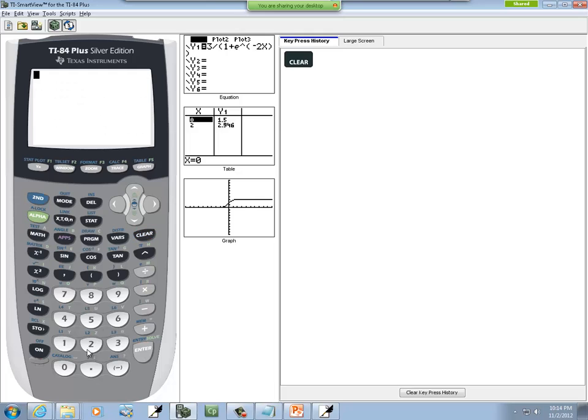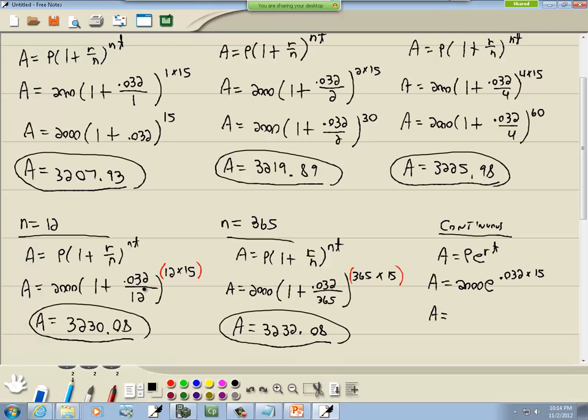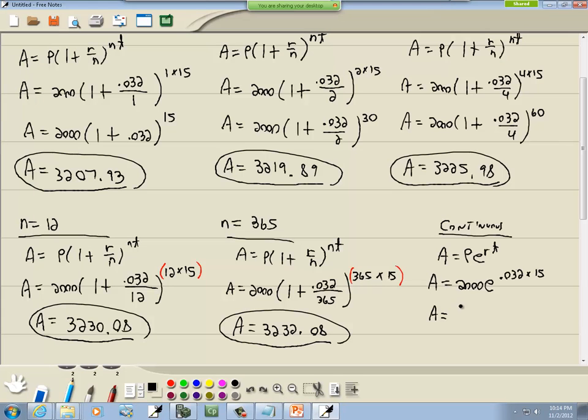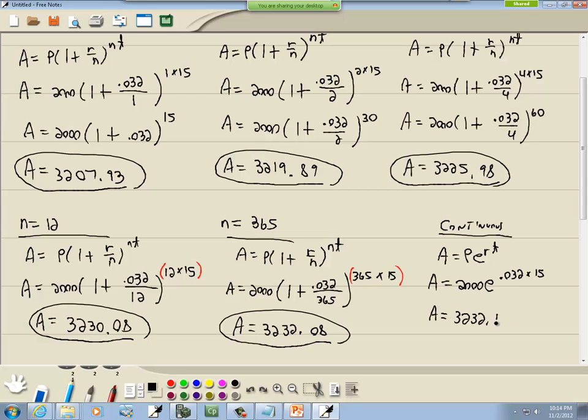Okay, so I'll put in 2,000. Now to get to E, do second ln, second natural log. And then we got 0.032 times 15. And then enter. You're best not to put any extra parentheses on that when you're doing it. So 3232.15 would be your answer.